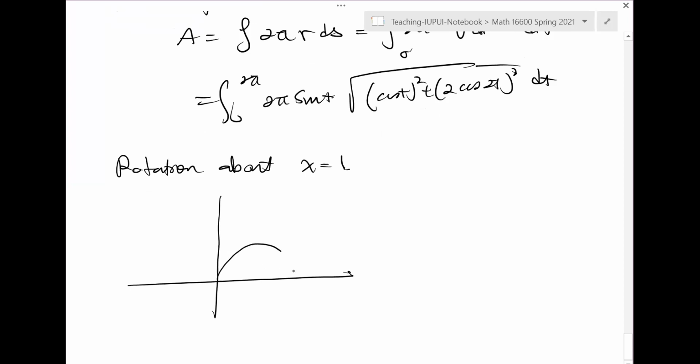This is the picture, and here's x equals 1. So the rotation is about the vertical line x equals 1. On the original curve, you pick an arbitrary point, x and y. Then you draw the line, and here's the radius. So you have to tell me what r is.